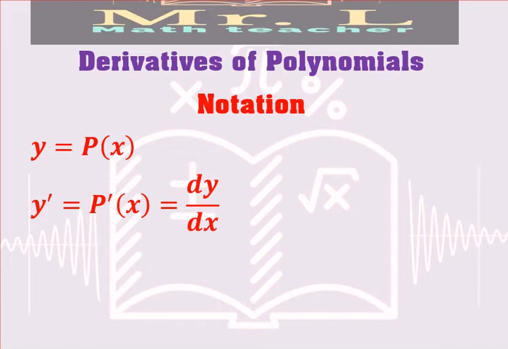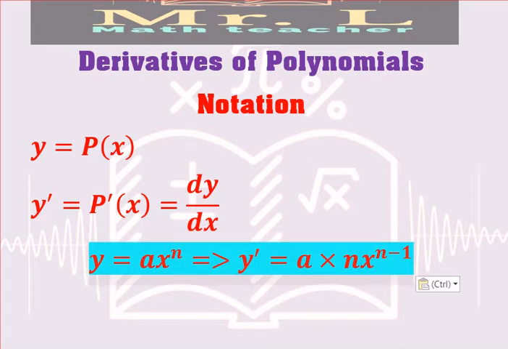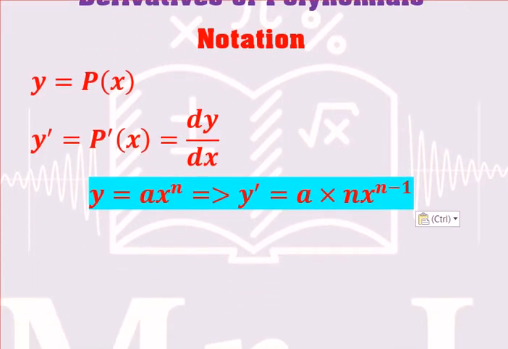Basically, I'll depend first on a basic rule, and this formula is very important in case you need to find the derivative. If y equals ax power n, this means that the derivative is equal to a multiplied by n, x power n minus 1. Let me start with an example so I can help you understand how we find the derivative of any monomial. Let's say given the monomial y equals 3x power 5. What will y prime be?